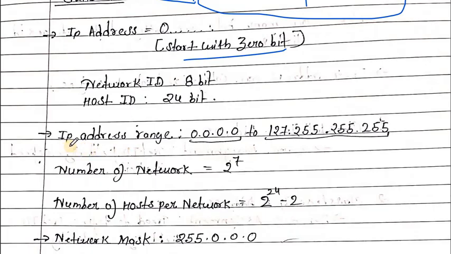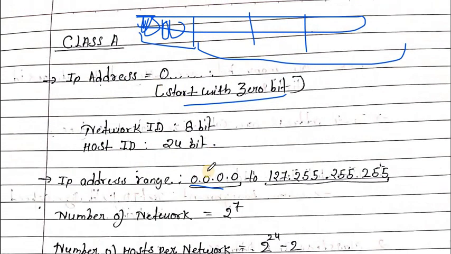So here is the range of IP addresses. The range of class A is 0.0.0.0, because the first bit is 0 and the remaining bits may be 0. So the minimum value is 0, and the maximum value of class A is 127.255.255.255. Here the 0 is fixed, and for the maximum we put all the remaining bits as 1.